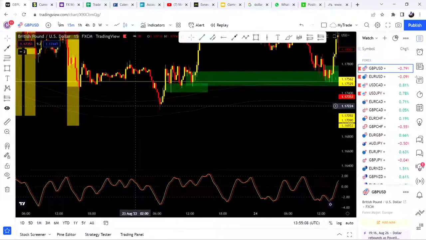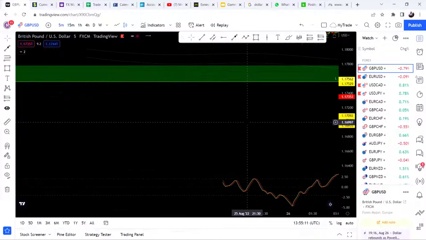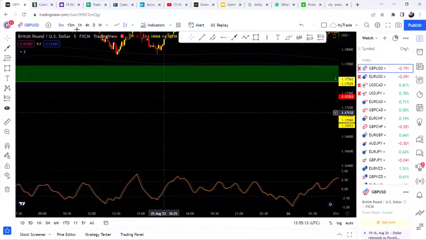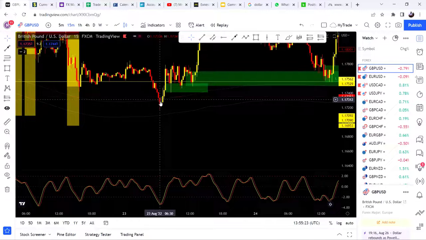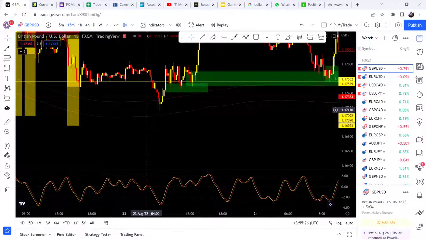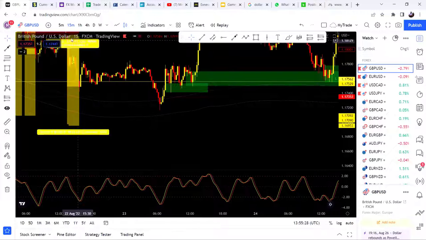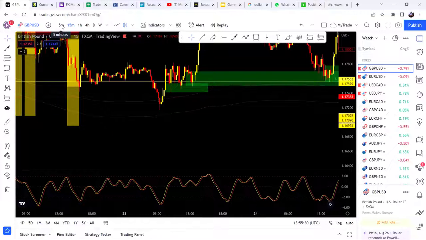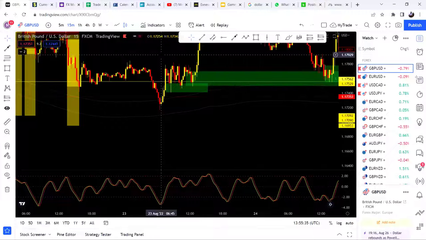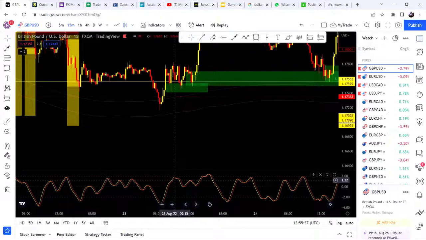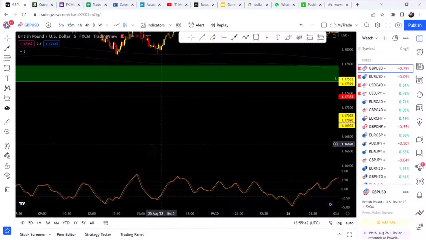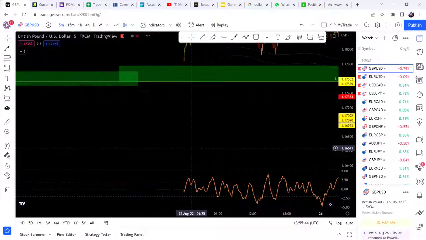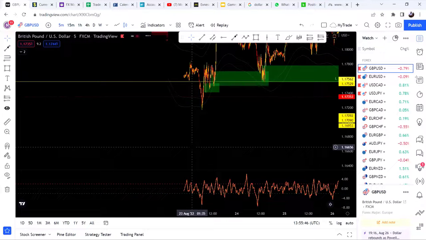So in my 5 minutes, when I get that low, I'll ask myself, because when you look at the 15 minutes, price entered the band fully, almost fully. So I can tell myself that there is a higher possibility of reversal, and look at how it was in sync with the indicator below here. We just go to the 5 minutes and see whether I would have caught an entry.